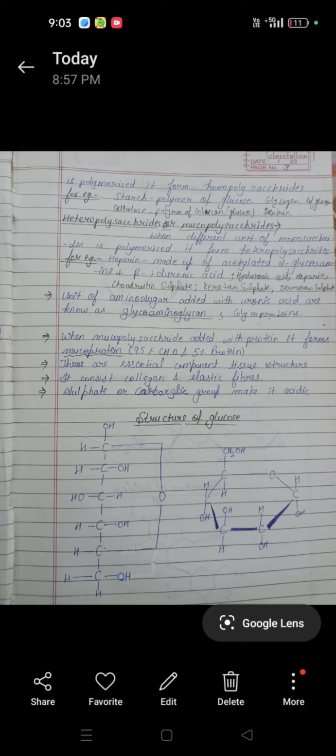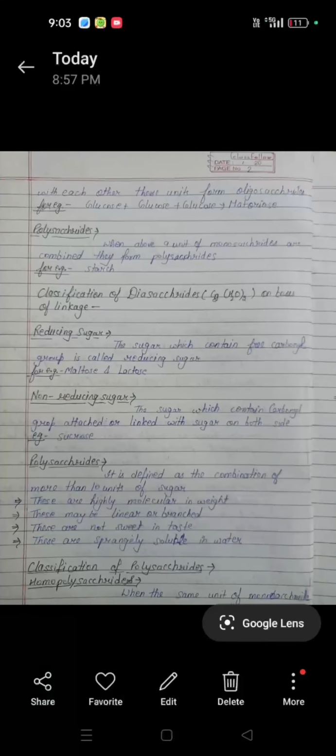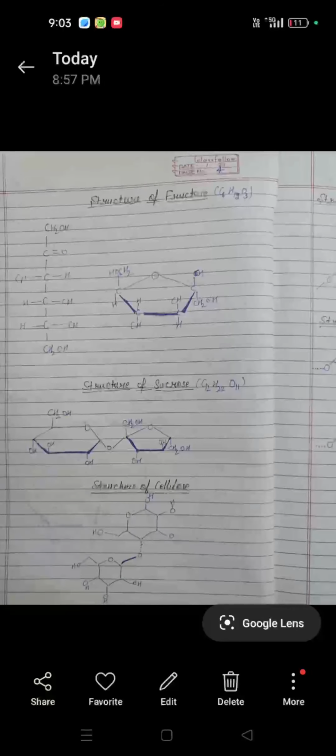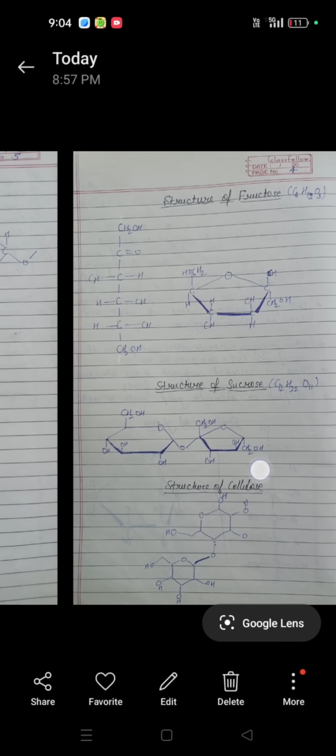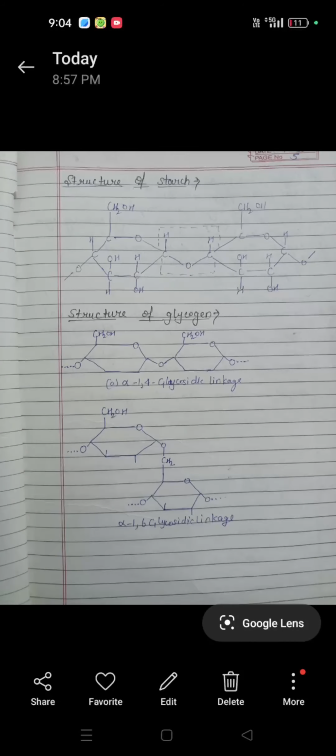Then we can see here the two structures of glucose. Then we can see the structures of fructose, sucrose and cellulose also. Then here we can see the structure of starch and the structure of glycogen.